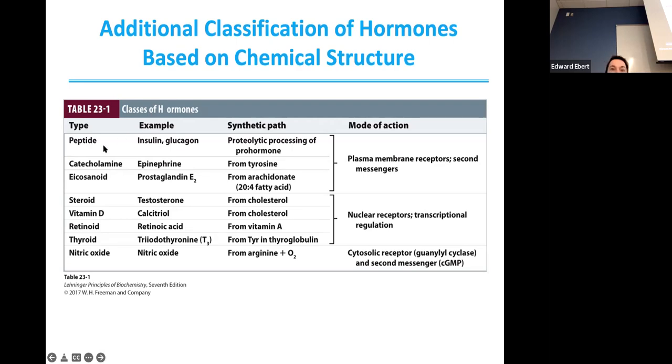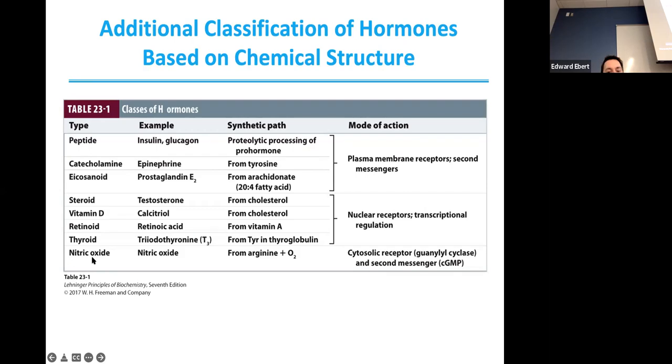We can classify them. You're not going to need to memorize these: eicosanoids, steroids, vitamins, retinoids, thyroids, and so forth. It just gives you a general idea of how they're going to affect things. A lot of our peptides or eicosanoids use plasma membrane receptors and second messengers. A lot of the retinoids and thyroids are nuclear receptors, and they affect transcriptional regulation.